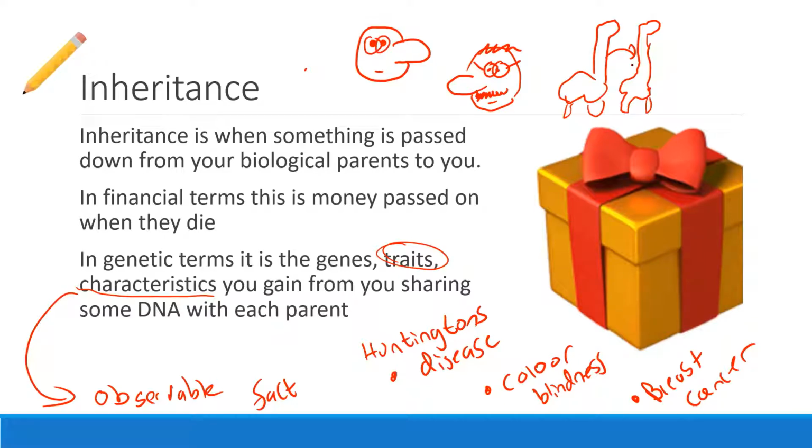But there are some things that lie dormant in our DNA, asleep, and you won't know that they're in your DNA. They might go from generation to generation, and then a couple of generations later, it'll show up and you'll be like, "Oh, I didn't even know that." So you could have a child that was born colorblind. You're like, wow, how the heck? We don't have any color blindness.